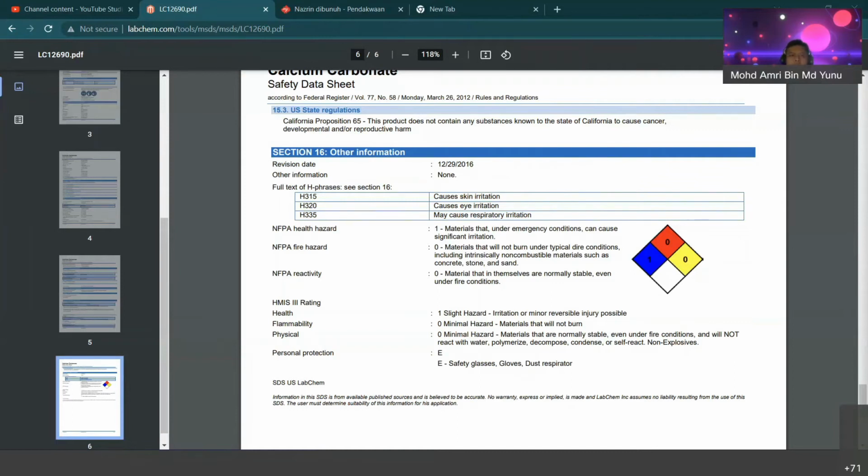Okay, basically these are the basic procedures on how to handle. So I think no problem here in UTM. All labs have been provided with PPE.